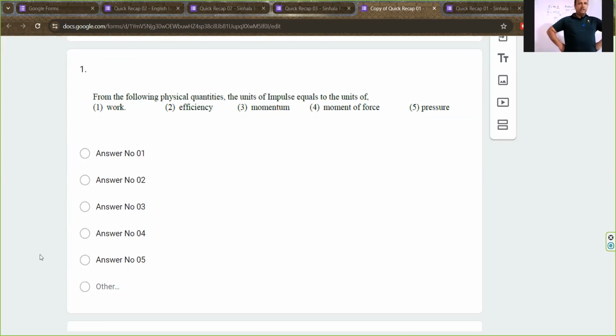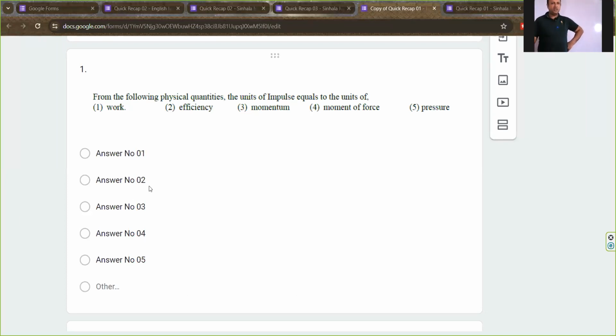From the following physical quantities, the unit of impulse is equal to the unit of... What is the meaning of impulse? Actually, you don't know that yet, but I have given you the equations at the beginning of our classes.